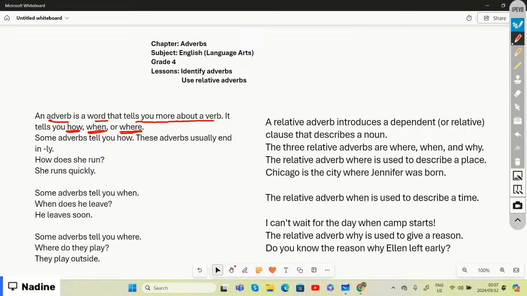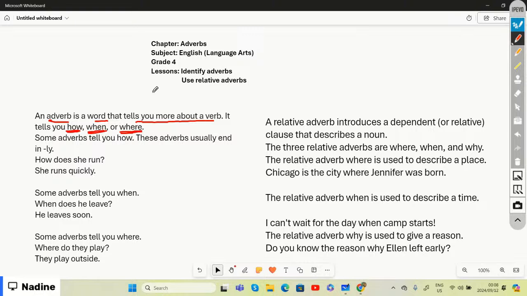When we find out how, when, and where, we're going to look at a few examples now of how we can identify how an adverb does something, where, and when. Some adverbs tell us how.